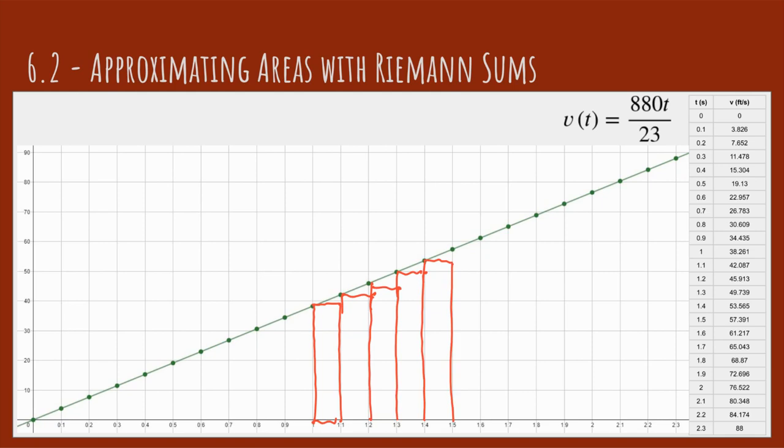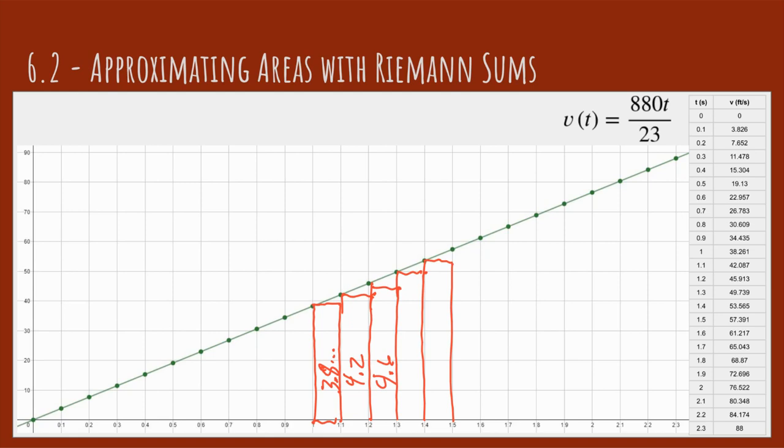I mentioned that what we're finding here is just an approximation, so that 3.8 feet that it traveled during the time interval from 1 to 1.1 seconds, and then it's going to be about 4.2 feet that we're approximating here, and about 4.6 feet here. Each of those is an approximation of the distance traveled over that interval.